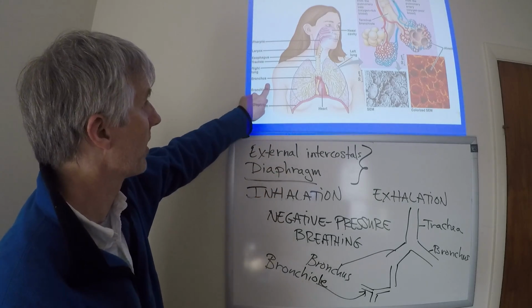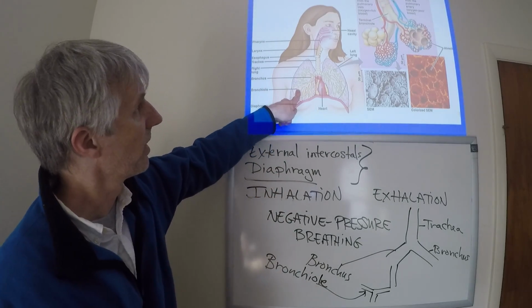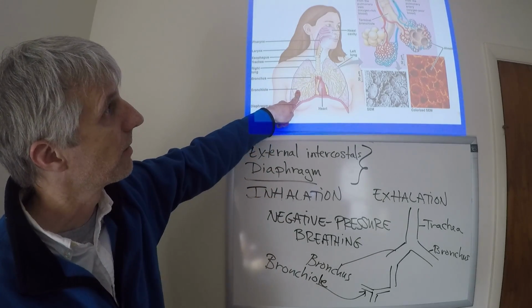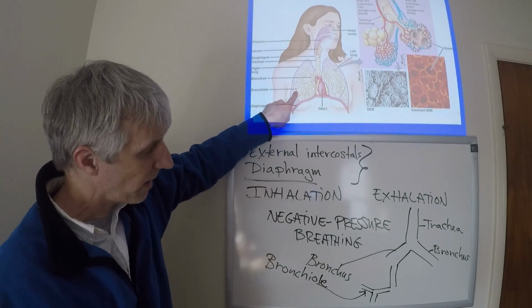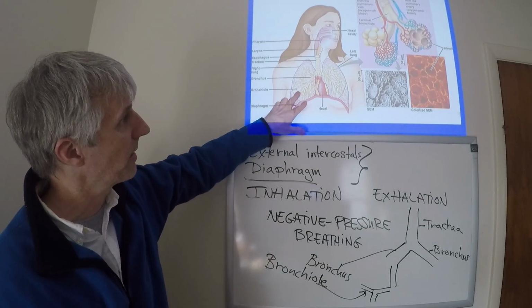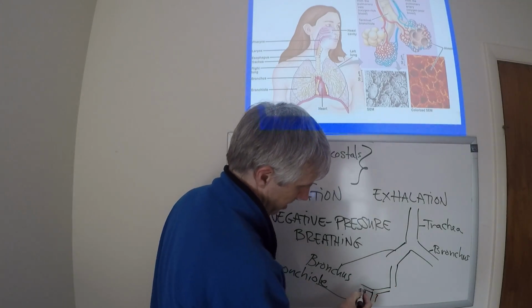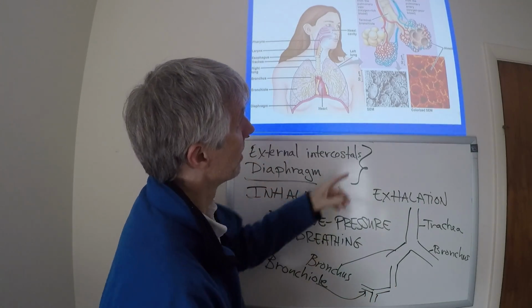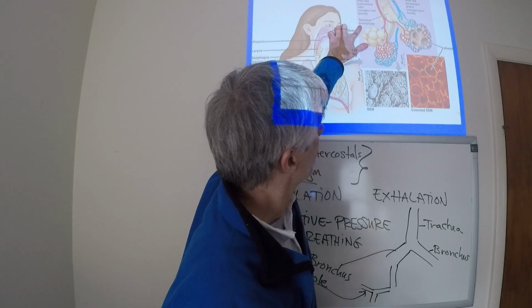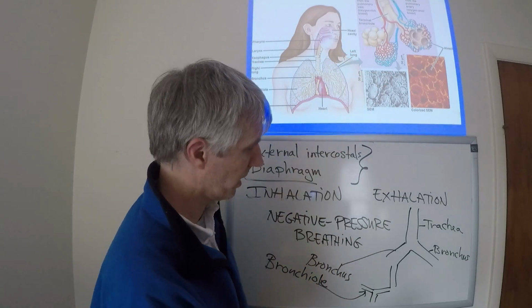So on my diagram here, there's a bronchus, there's a bronchiole. And then if we followed these bronchioles all the way down to the end, or the terminus, let's do that here, I would reach this, which is referred to as a terminal bronchiole.